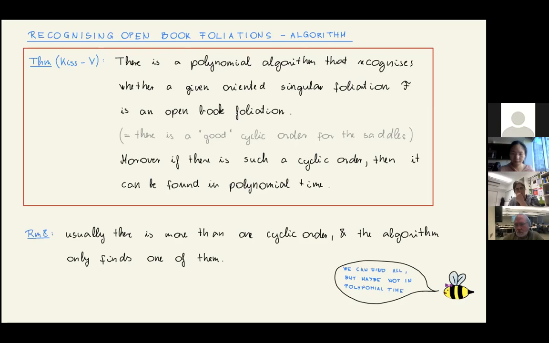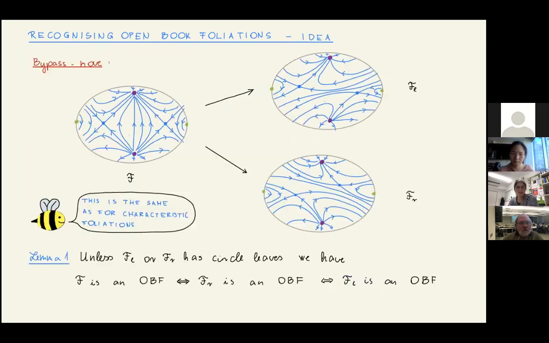So usually there is more than one cyclic order for such a foliation, and the algorithm doesn't seem to find all of them. So it depends on how you run the algorithm. Any of them can be found by an algorithm, but I don't know how many times you have to run it. So maybe the number of times you have to run the algorithm to get all of them is not polynomial.